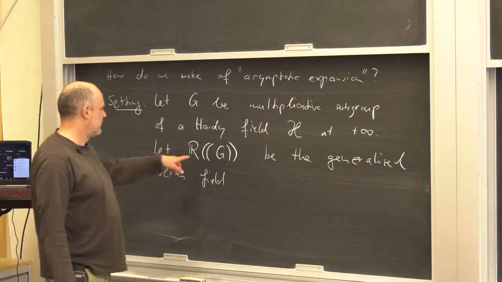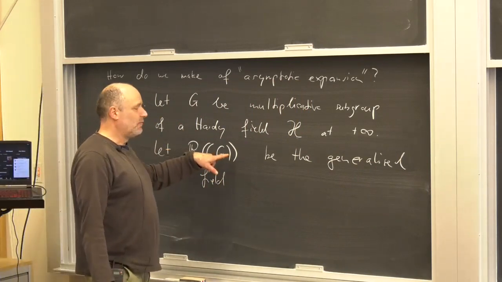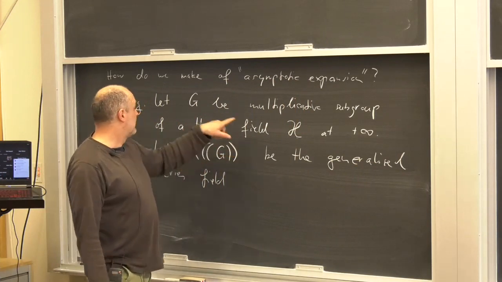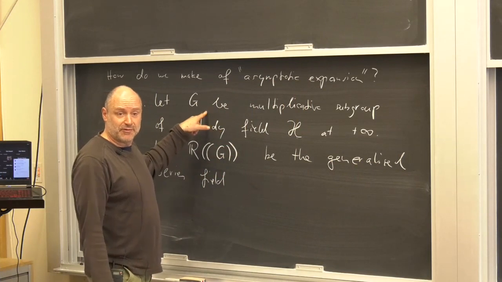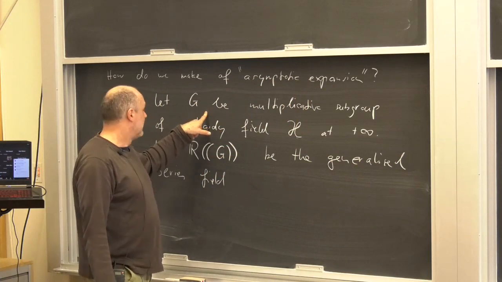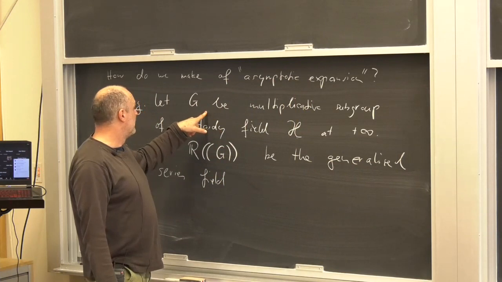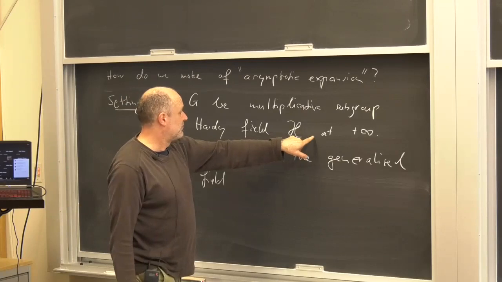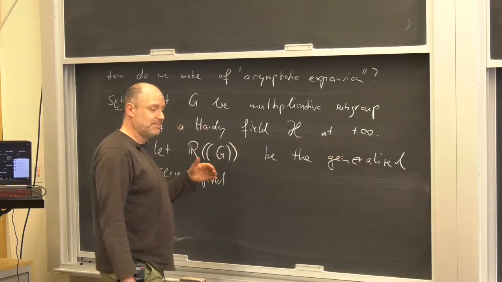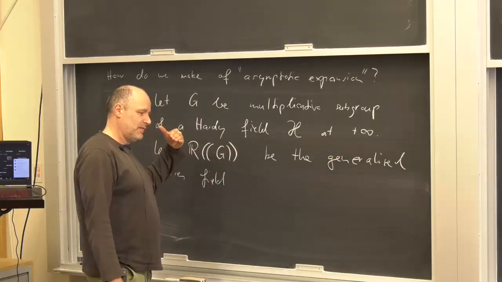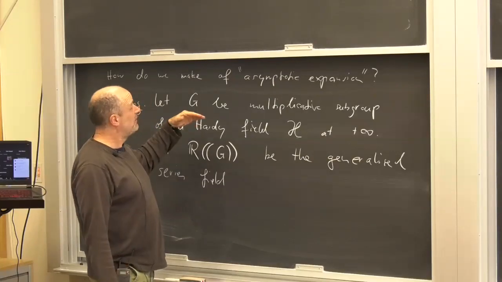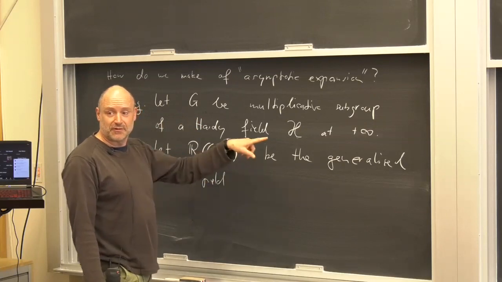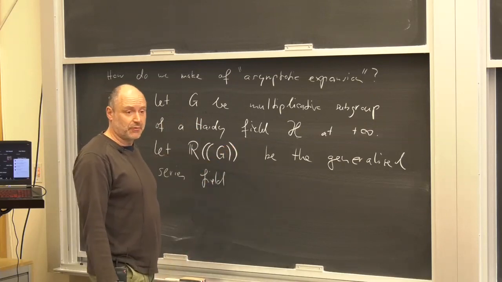Those are just all formal sums with real coefficients and elements in G, multiplying elements in G, okay? With the property that, since G is a subset of a Hardy field at plus infinity, the support of such a series has to be anti-well-ordered in the ordering of the Hardy field, reverse value.